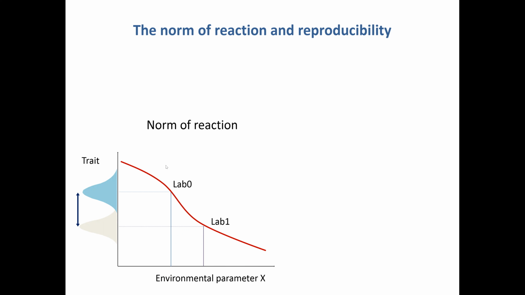And so if you find a difference between your response in lab 0 and lab 1, the first response might be to say, okay, that's a replication failure, we do not get the same result. But actually it might be that both are valid results. It's just that you sampled from different regions of the reaction norm, and therefore you get different responses. Now, how can we solve this problem?